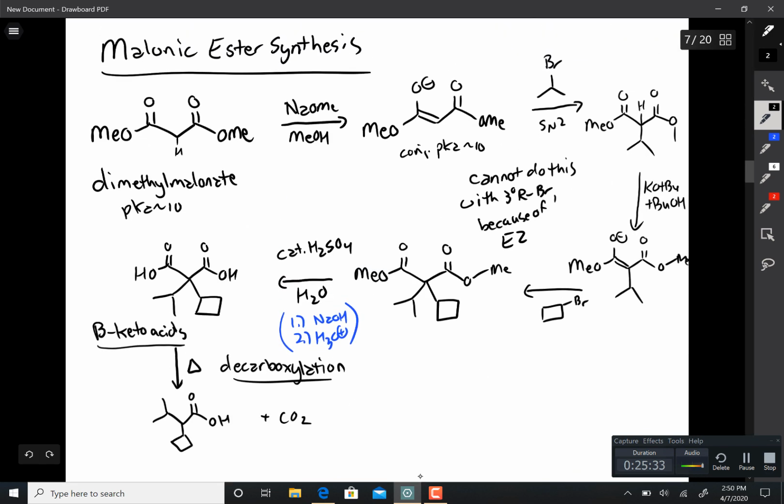The net result of the malonic ester synthesis is you're able to create very complex carboxylic acids with different R groups next to it.